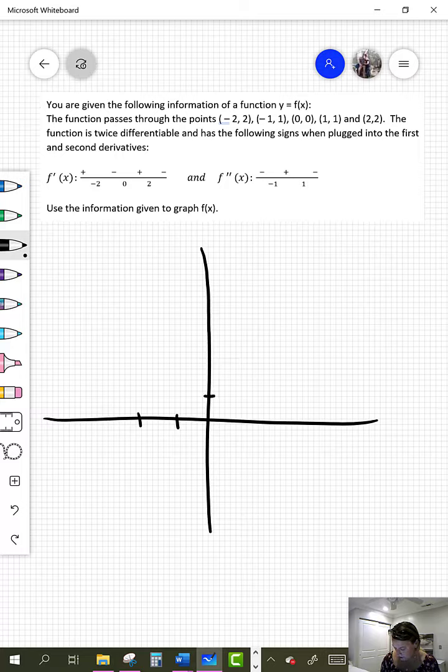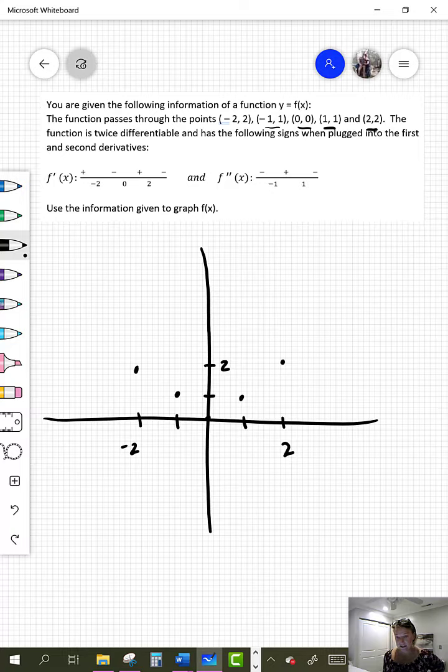So negative 2, 2, negative 1, 1, 0, 0, 1, 1, and 2, 2. And then we're given that the function is twice differentiable and has the following signs when plugged into the first and second derivative.